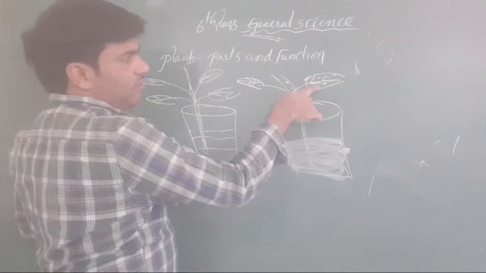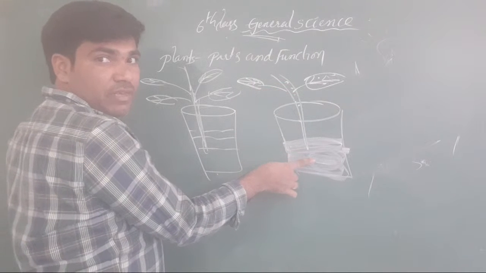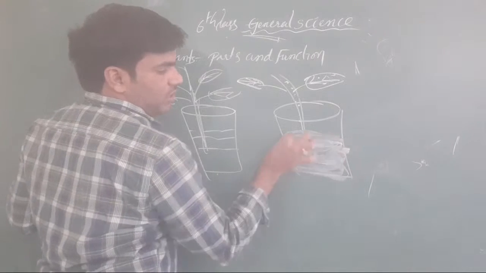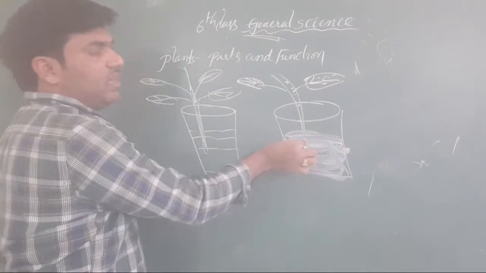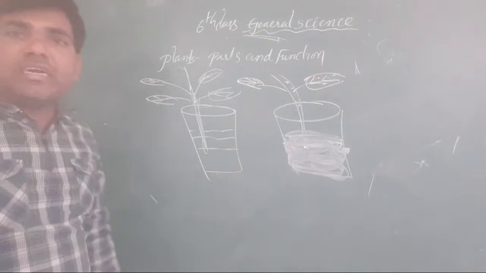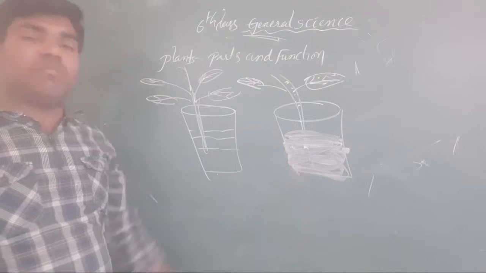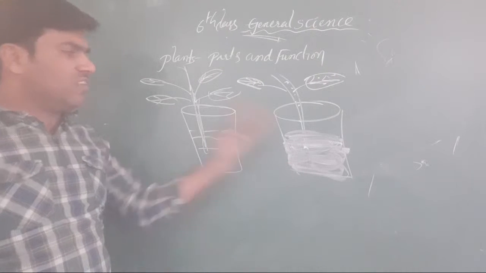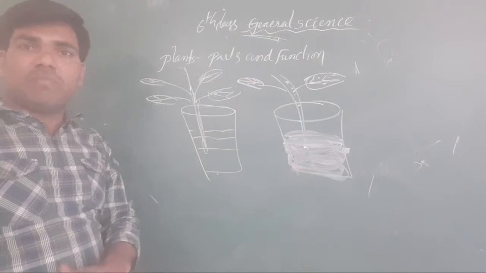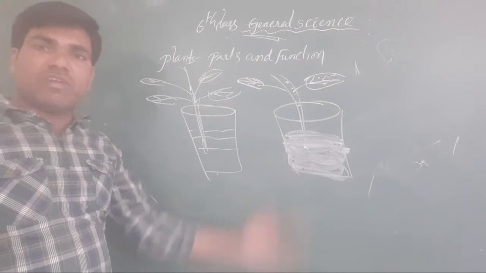Whatever colors are in the water content will be absorbed by the leaves and stem also. Why does it occur? Because the roots absorb whatever things are there. It is possible to observe it.